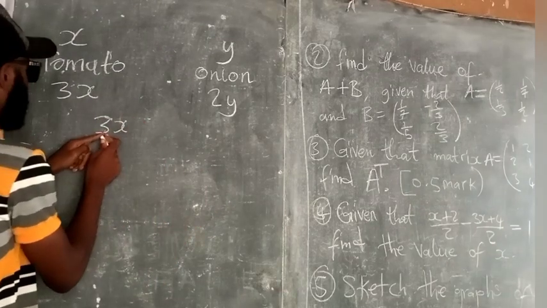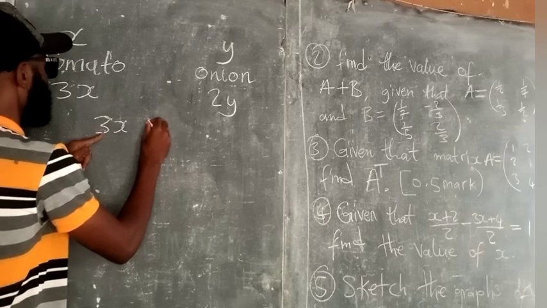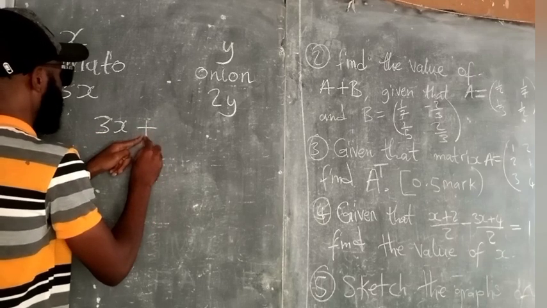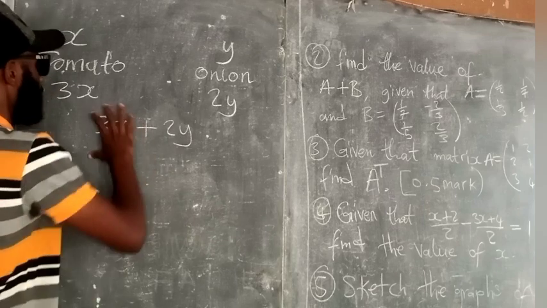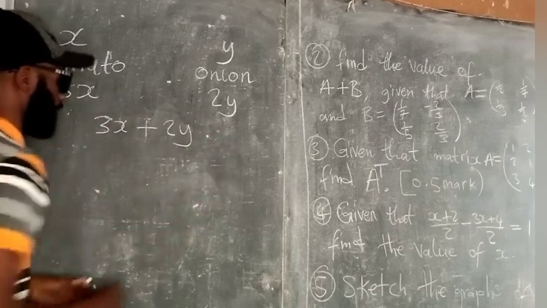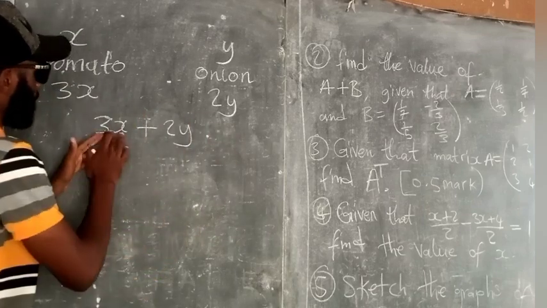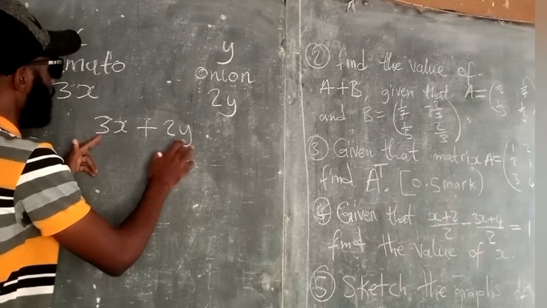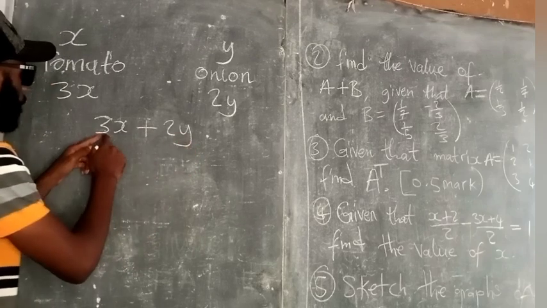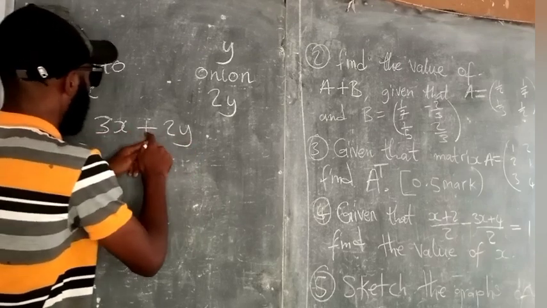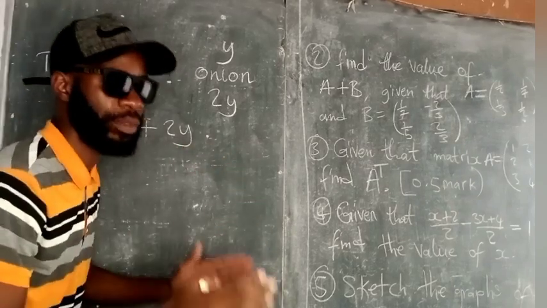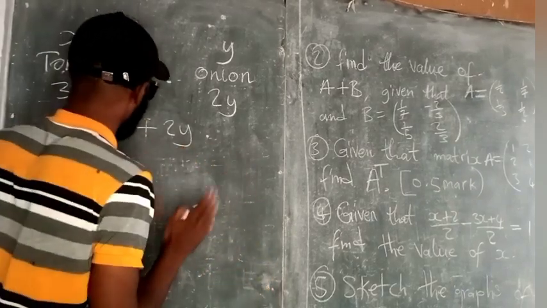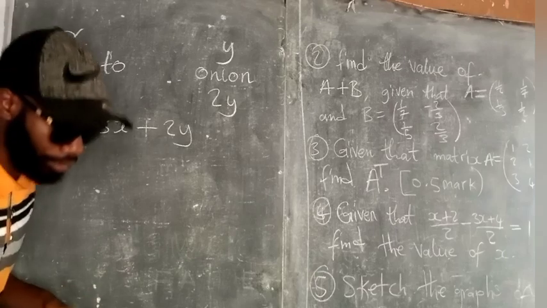In mathematical statement, this means 3 tomatoes plus, meaning and, 2 onions. So this is the statement. This is how we can just leave it, because it is impossible to add things which are not exactly the same. So here we have 3 tomatoes and 2 onions. We leave it like that. We cannot get 5 because these are completely different things.